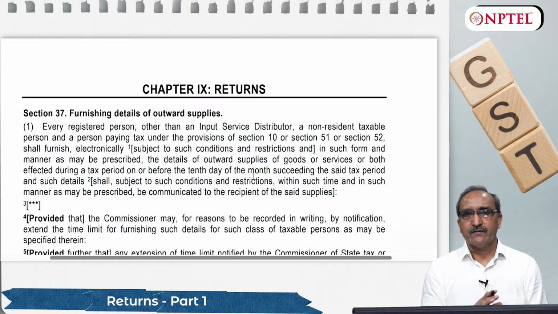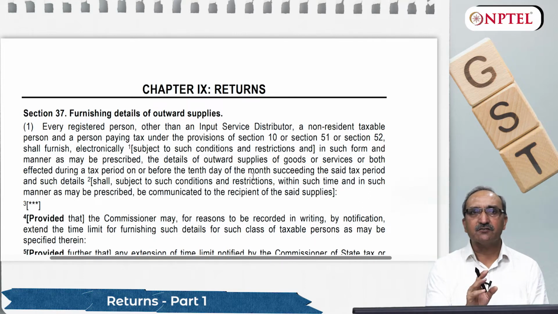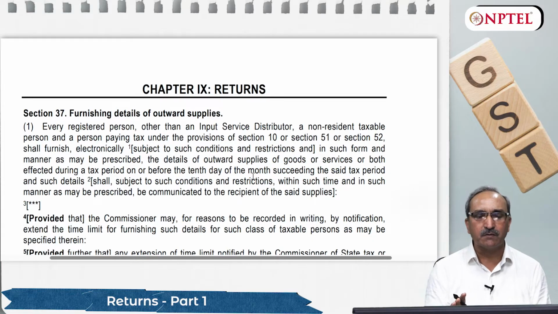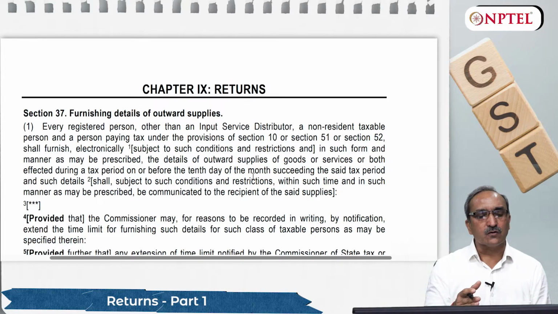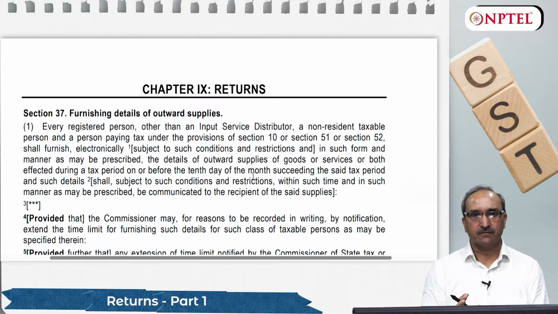So I will read it again for your convenience. Every registered person other than these persons shall furnish electronically, subject to such conditions and restrictions and in such form and manner as may be prescribed, the details of outward supplies of goods or services or both effected during that particular month on or before the 10th of the next month.